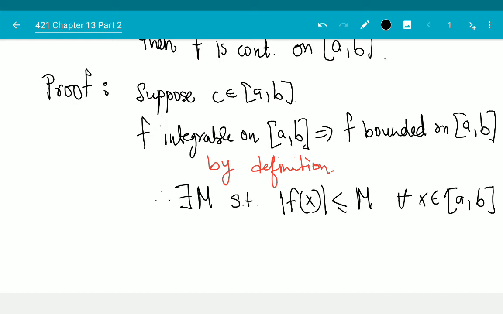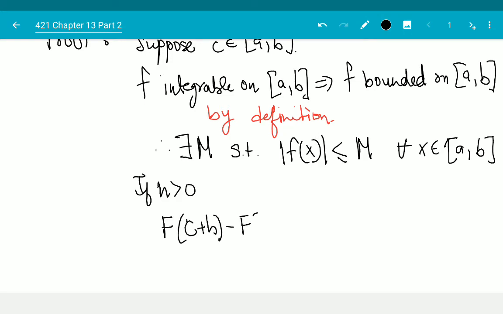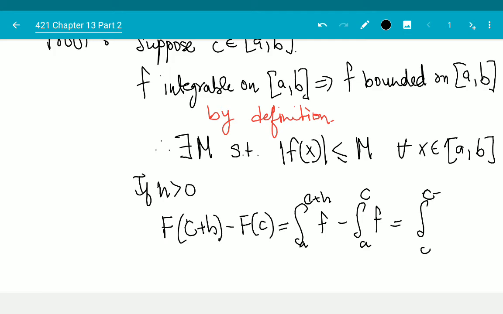Well, I know that for any h greater than 0, F of c plus h minus F of c, since F of x is defined the way it is, is the integral from a to c plus h of f minus the integral from a to c of f, and that is going to be the integral from c to c plus h of f, right?